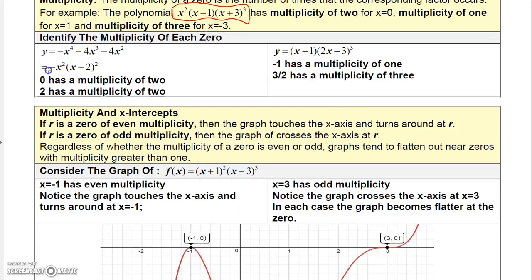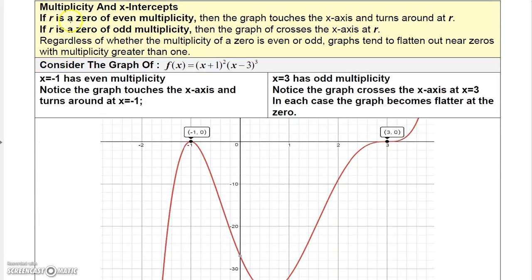So if you go back to the examples I just had, actually I didn't mention this a minute ago, but 0 has a multiplicity of 2 as well. So 0 has a multiplicity of 2, and 2 has a multiplicity of 2. Now over here, this factor, x plus 1, occurs once, so negative 1 is a 0 with multiplicity of 1, but this factor occurs 3 times because it's cubed, so if you solve that, you would get 3 halves as a 0, and it would have a multiplicity of 3.